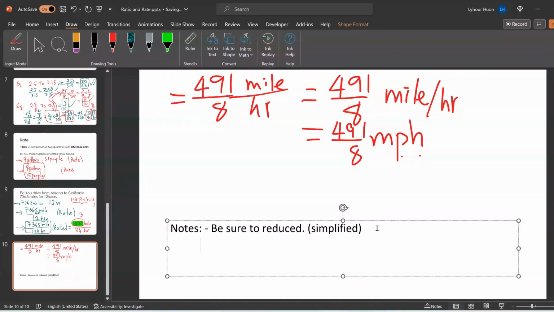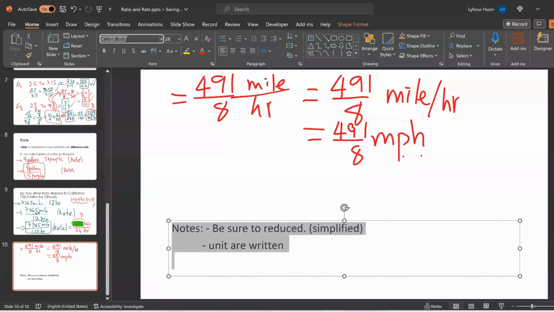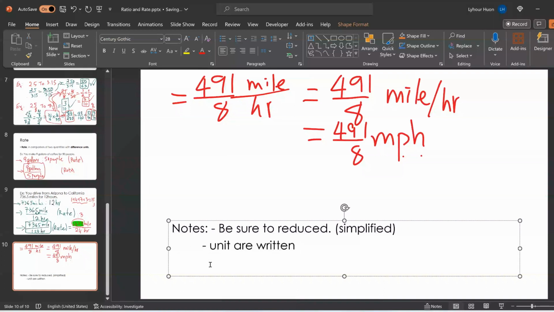And next, don't forget to write the units. So two things to note with rate: make sure to reduce, and units are written.